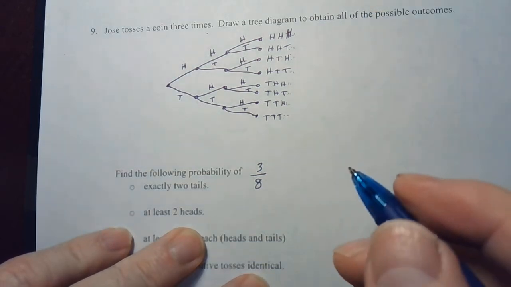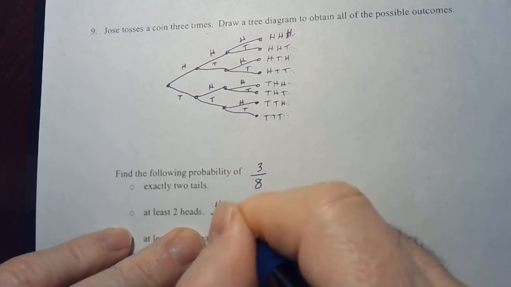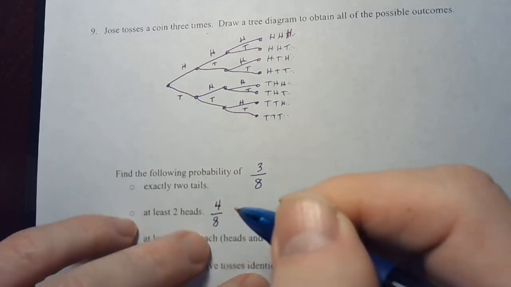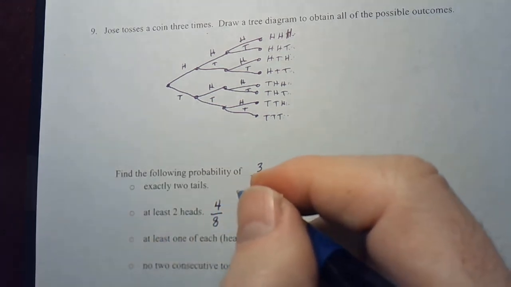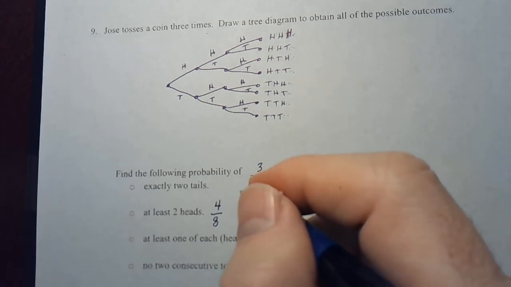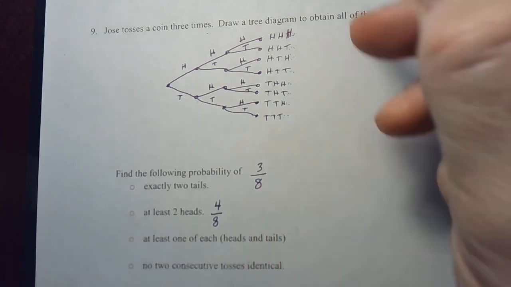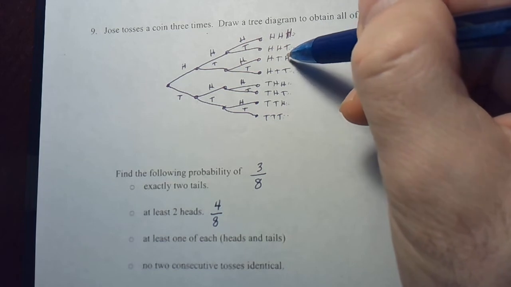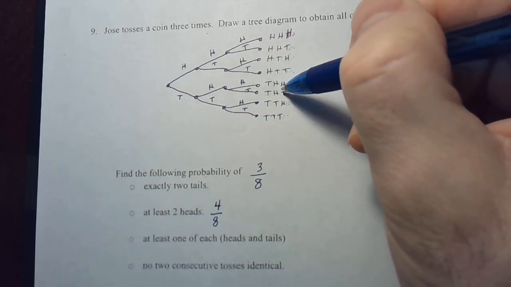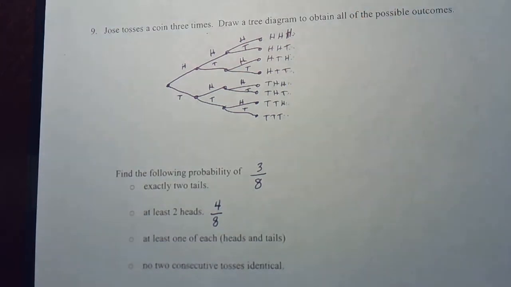So half of them. 4 over 8. That's the probability. So one half of them have either 2 or 3 heads. Double check. 1, 2, 3, 4. Yep, 4 over 8.